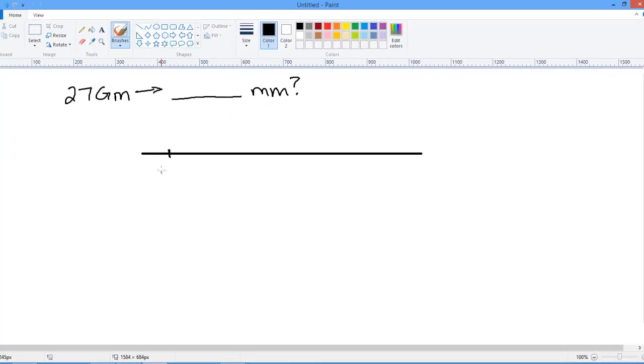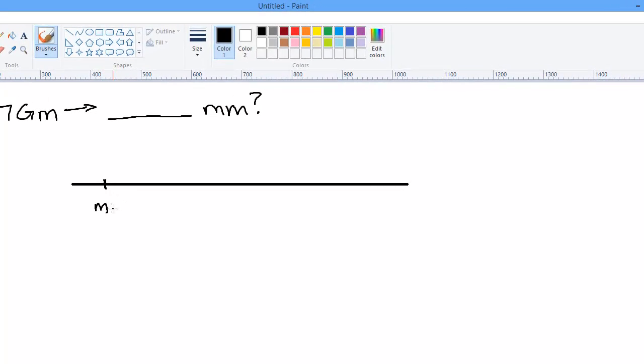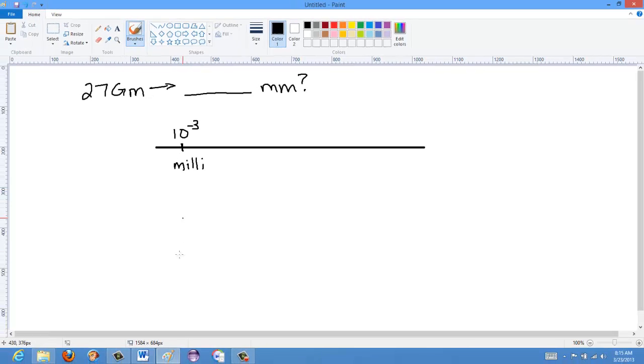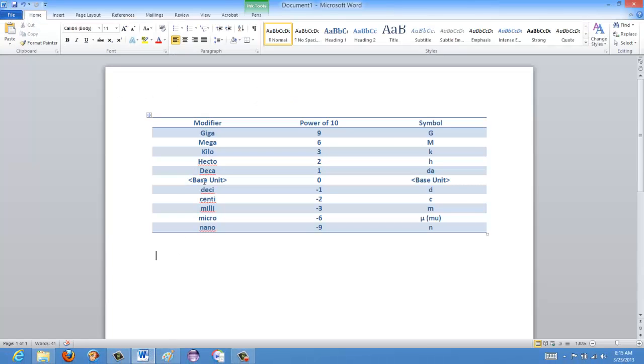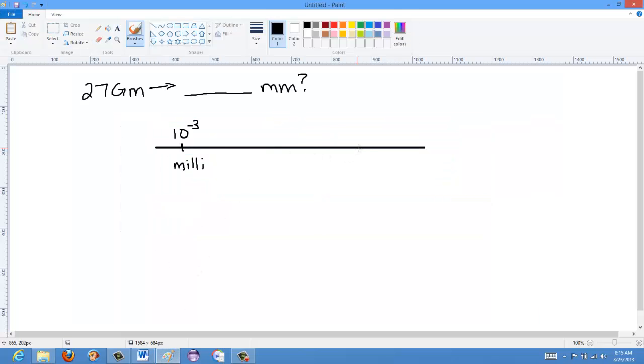So millimeters are here, millis, and that means 10 to the negative 3. I can get that from looking at my chart here. So milli is 10 to the negative 3, and while I'm here, giga is 10 to the 9. So giga is over here at 10 to the 9.